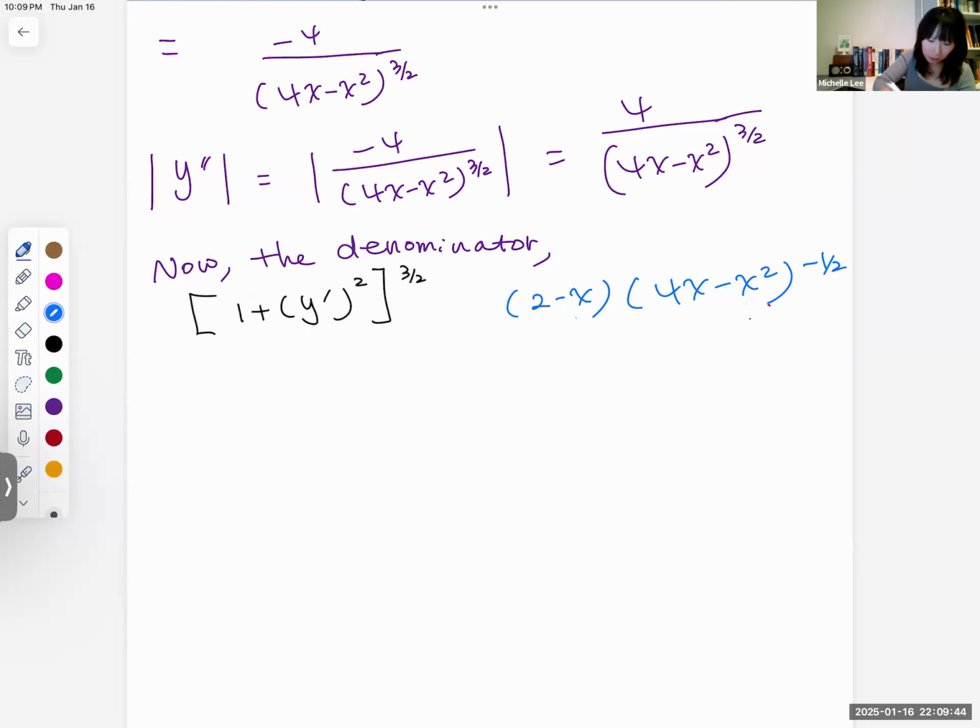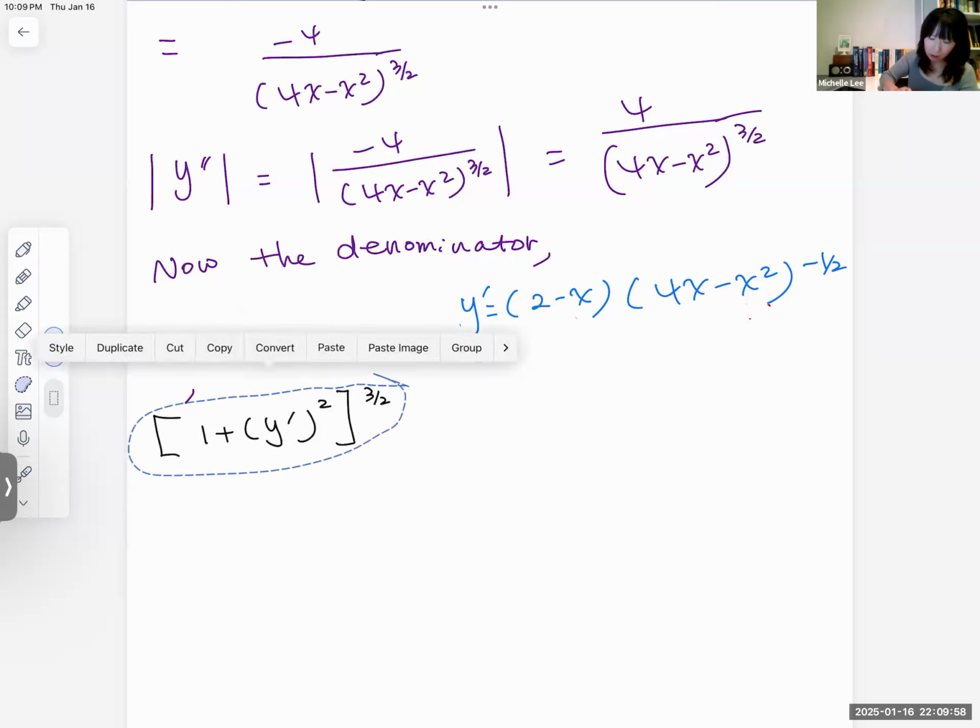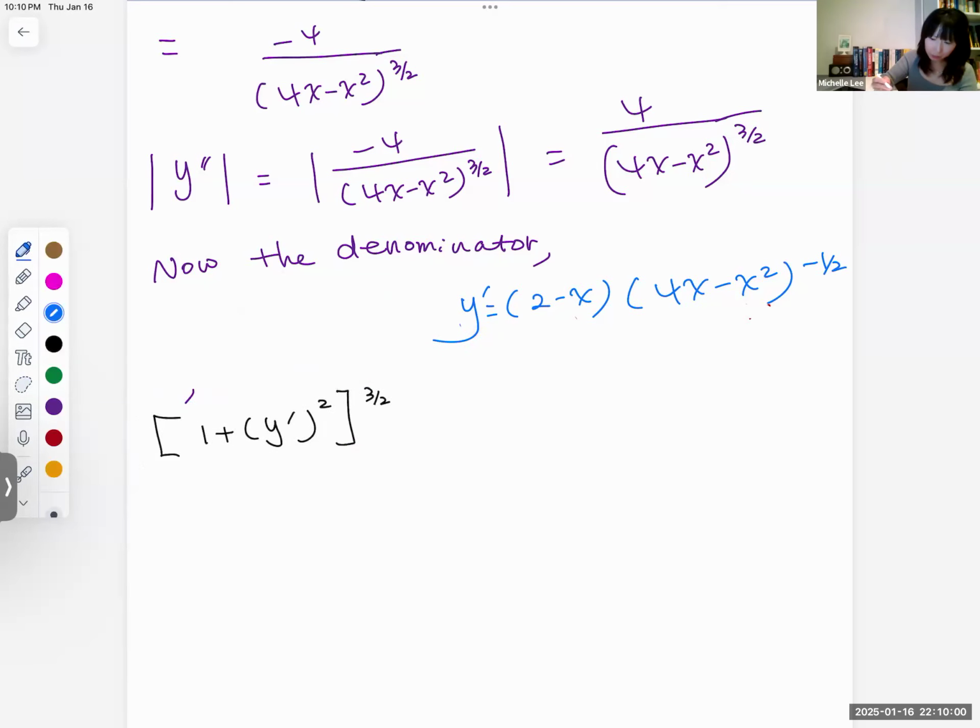So this is y prime. Okay, so that will be equal to 1 plus the square there.